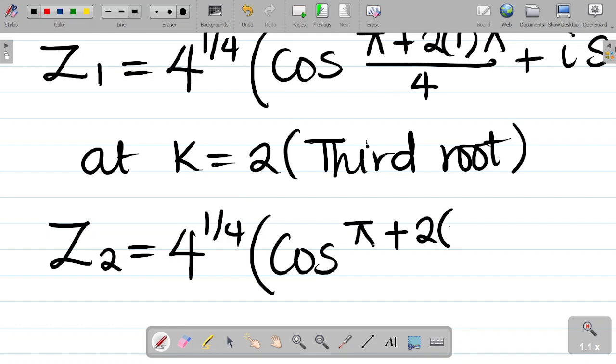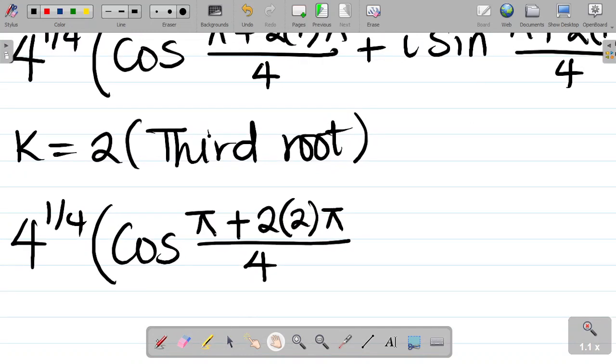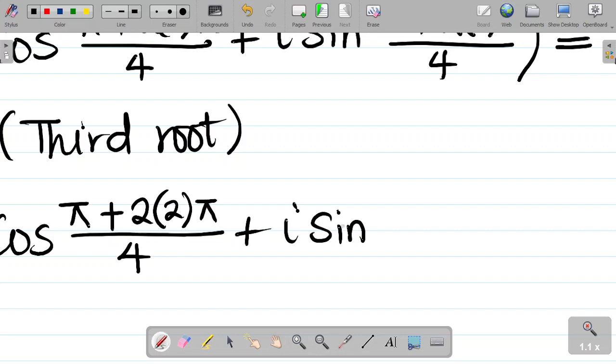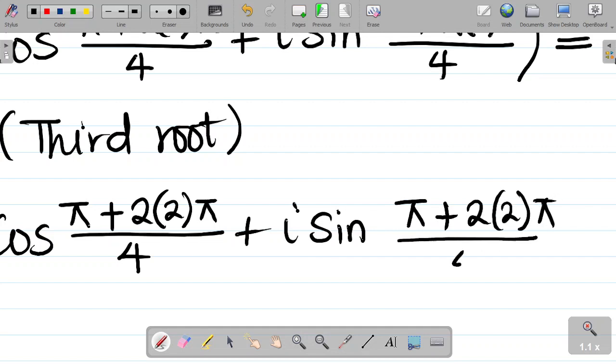K in this case is now 2. So this and then pi all over 4. So this plus I sine. We said just repeat the same thing here, don't stress. That becomes pi plus 2 into 2 pi all over 4.